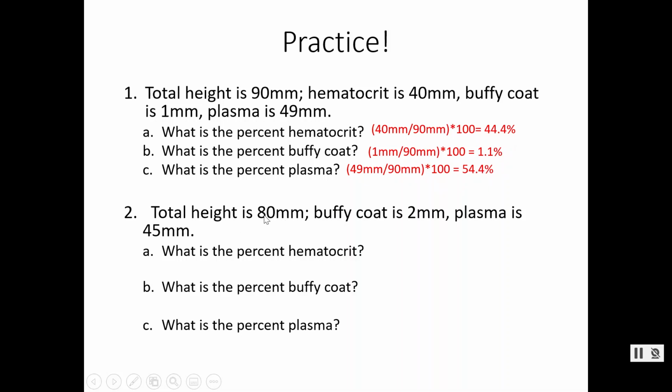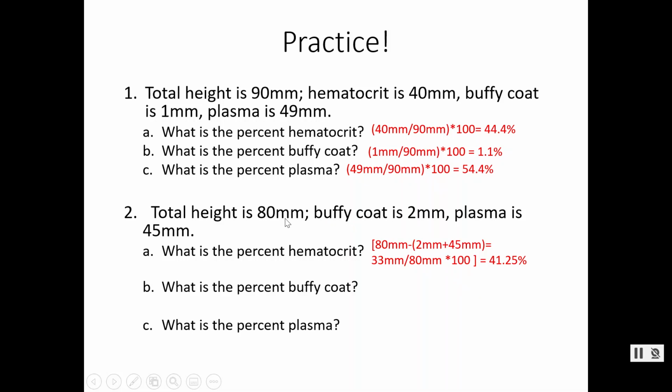Now our total height is only 80 millimeters, buffy coat is 2 millimeters, plasma is 45 millimeters. Our first question asks, what is the percent hematocrit? Well, that wasn't actually given to us in the problem, but because we are geniuses, we can determine this for ourselves. We're going to do a little bit of subtraction.